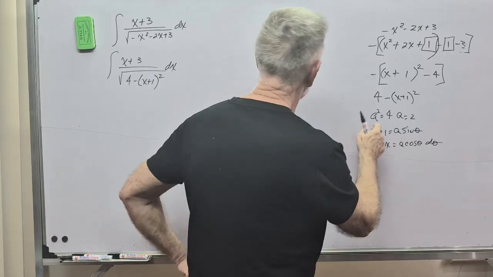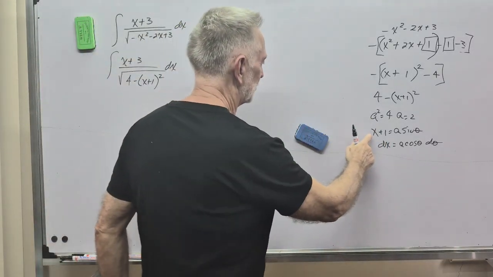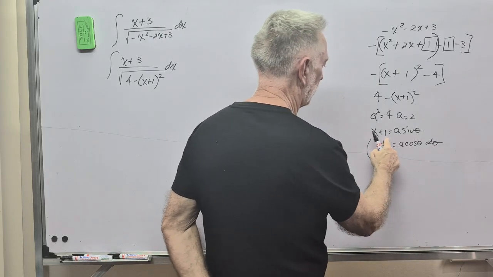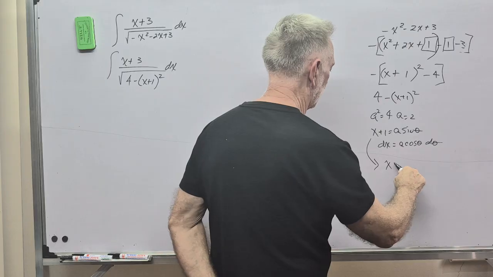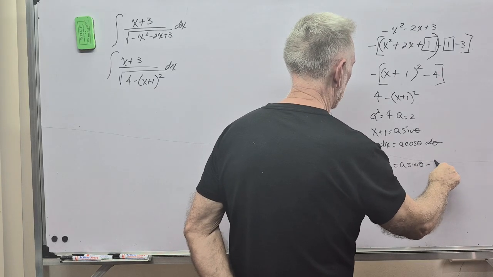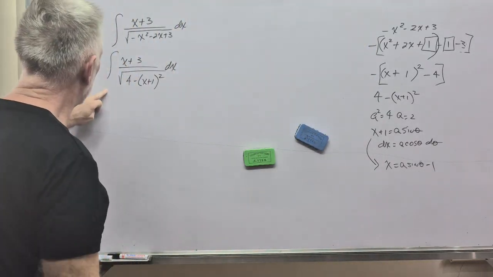Oh, by the way, since I have an x term here, I need to solve for that. So if I subtract 1 from both sides, I'm left with x equals a sine theta minus 1. All right, let's plug in the blanks again.